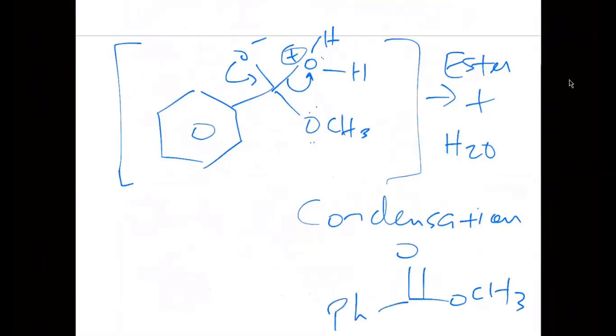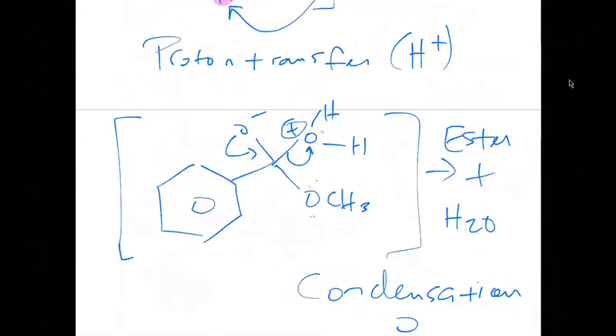So anytime you do an esterification, it's an addition followed by an elimination. And you can tell you did elimination because you create a pi bond in the product. So if you add to a pi bond and break it, that's an addition. If you make a pi bond, that's an elimination.